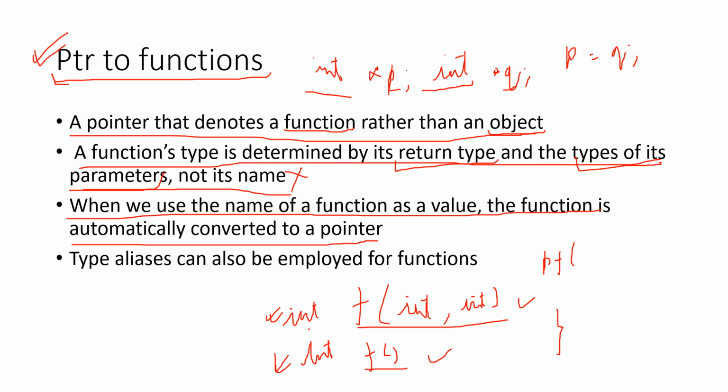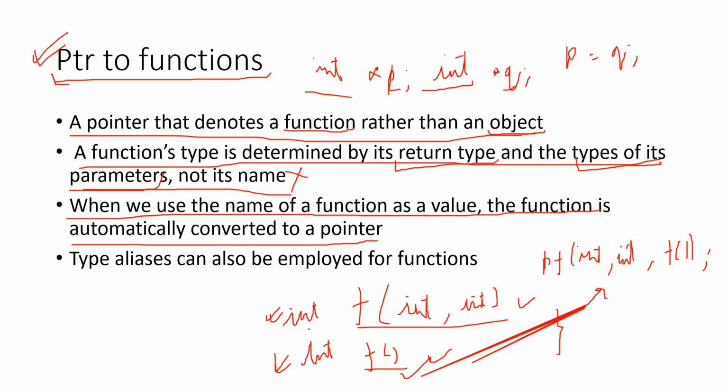So if I pass these functions to this function, int, and then I write f over here, this function is going to be passed over here. And it would be passed as a function pointer, not your regular function.